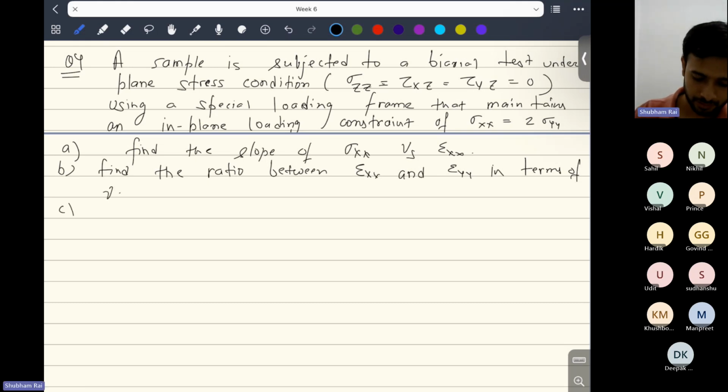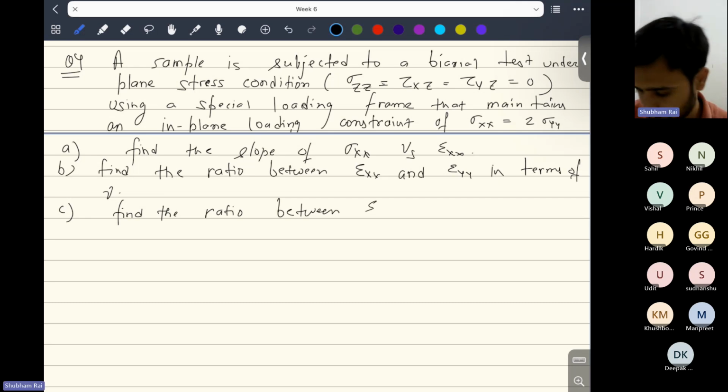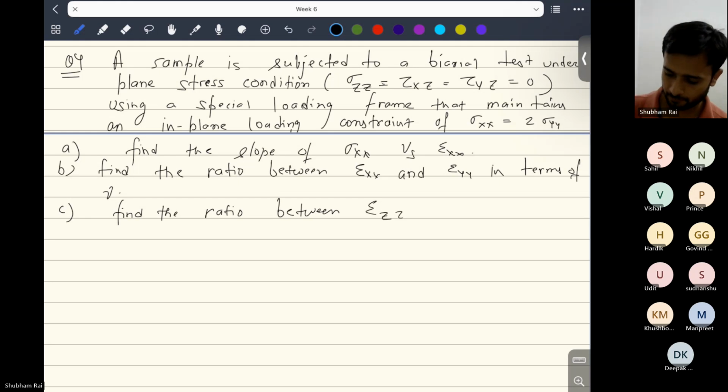And in the last part, you have to find the ratio between epsilon zz and epsilon xx. Okay.